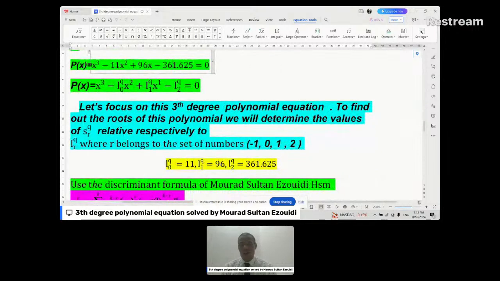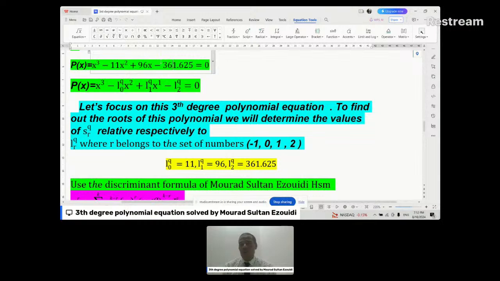This is our third degree polynomial equation, written as x cubed minus L0 for the q x squared plus L1 for the q x minus L2 for the q equals 0.